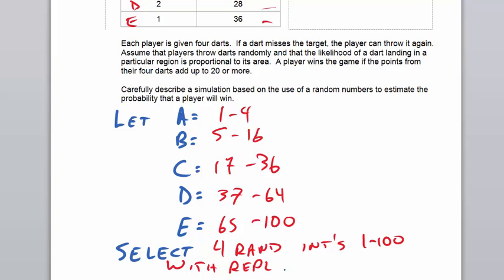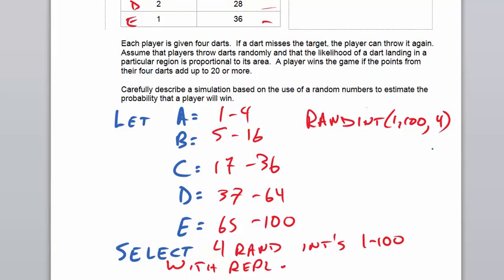The last one was without replacement. This one I can do with replacement because it is possible for a dart to hit the same region more than once. On my calculator, I would probably run this using a randint from 1 to 100, and because I'm throwing 4 darts, I'll choose that 4 times.